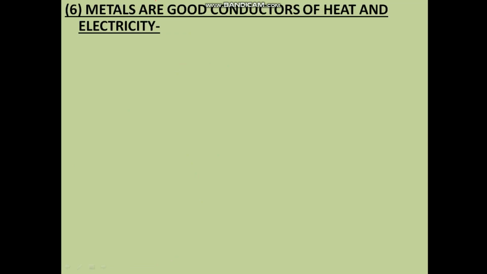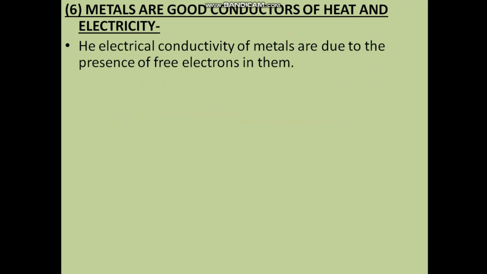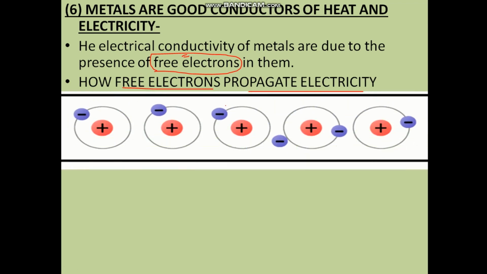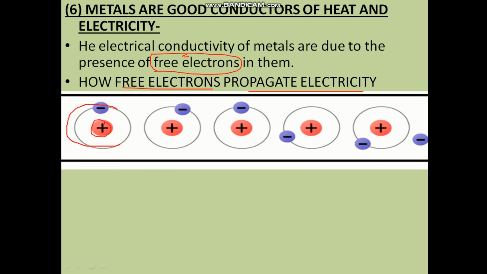Next property is metals are good conductors of heat and electricity. Whenever we say conductivity, it means there is the presence of free electrons, because free electrons help to propagate electricity. You can see in this picture that this is the nucleus part, and in particular orbits electrons are revolving.